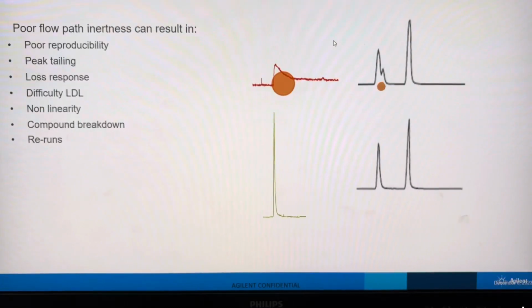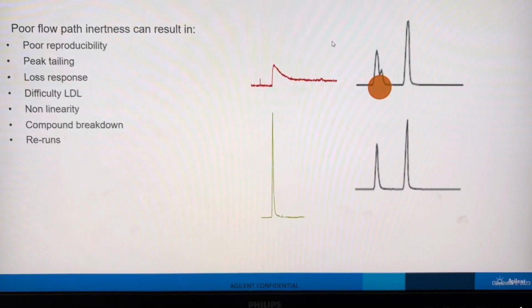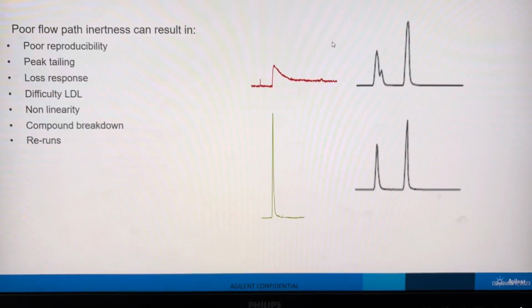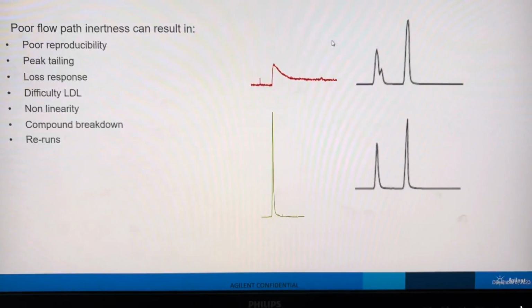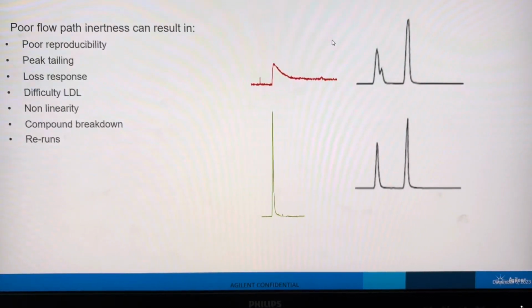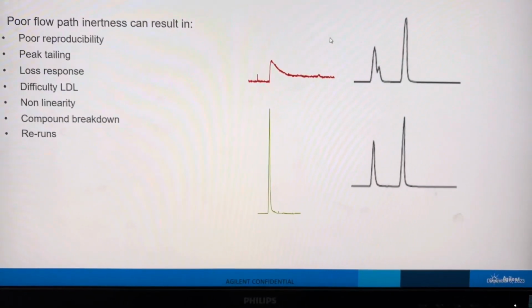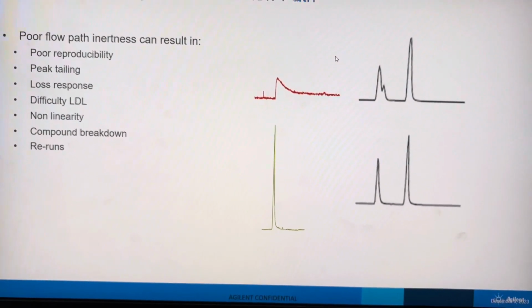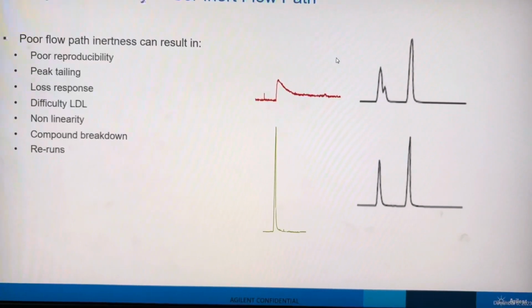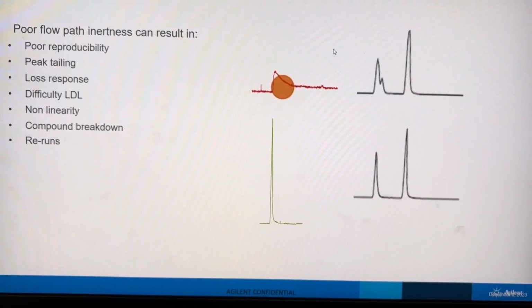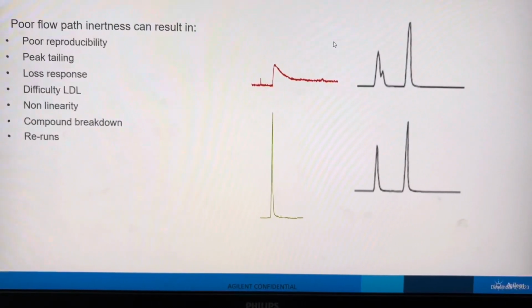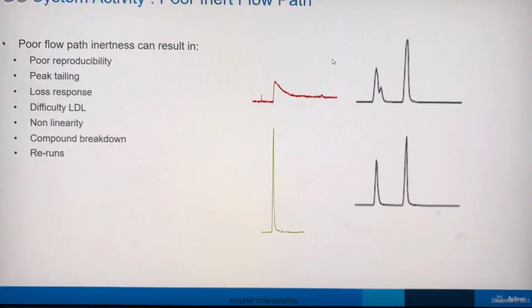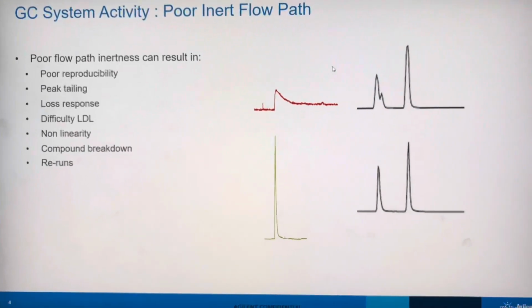This is because the flow path is not proper, and we see reproducibility issues, peak tailing, and a drop in response. Integration becomes a difficult task when we lose response, and sometimes compounds break down and we see multiple peaks instead of one peak.